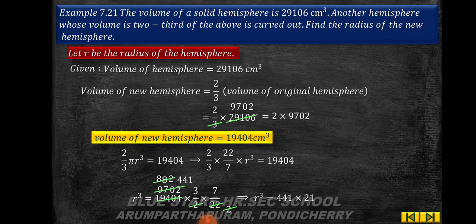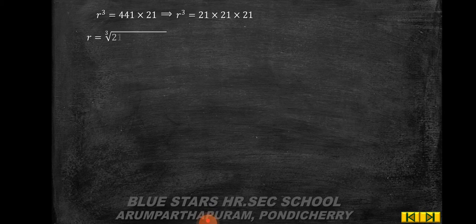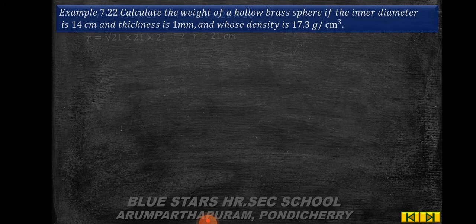So r cube is equal to 441 into 7 3s are 21. R cube is equal to 441 into 21. It gives r cube is equal to 21 into 21 into 21. So r is equal to cube root of 21 cube, that is nothing but r is equal to 21 centimeter.